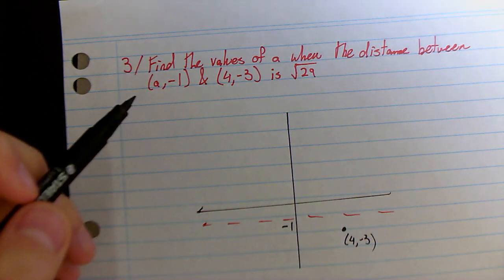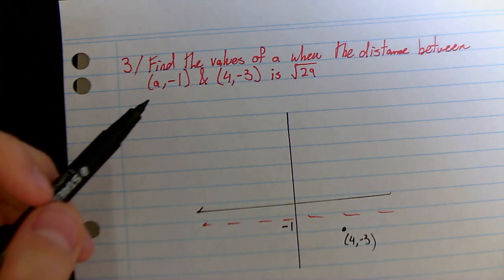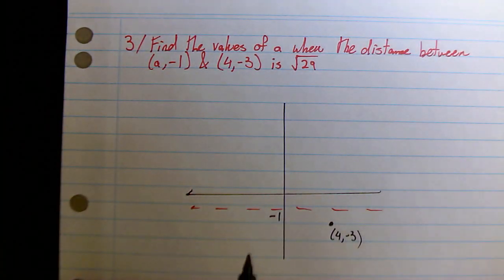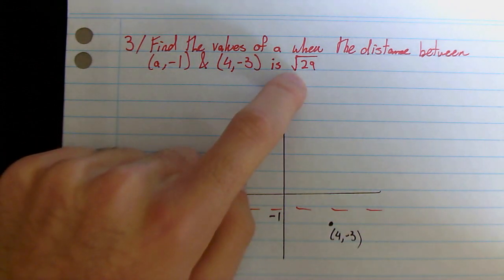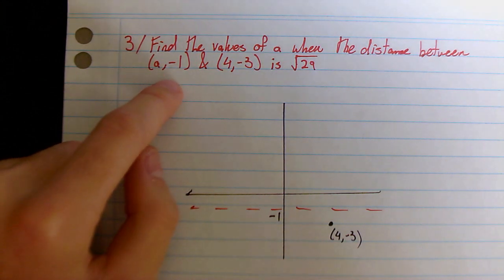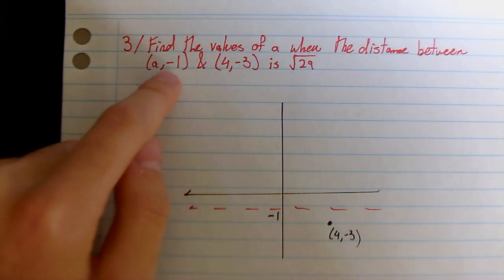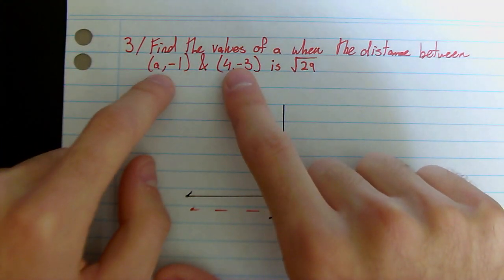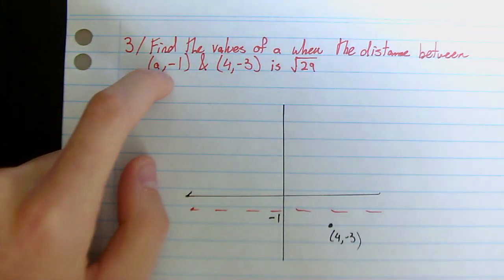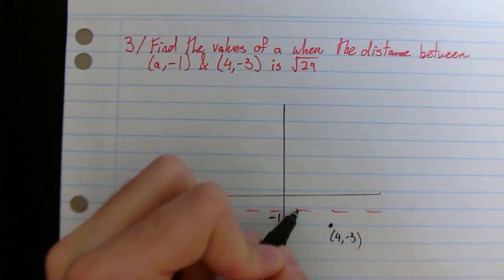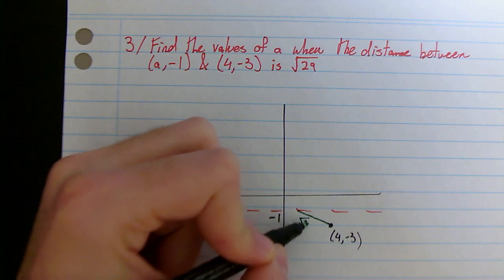And it's important to realize that this coordinate of a could be 2 values, because what value of a can you make where the distance between these 2 points is root 29? Let's say this distance over here happened to be root 29.